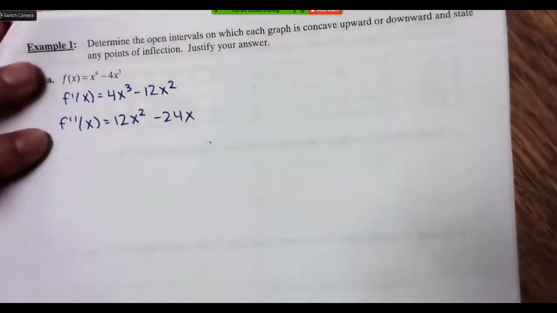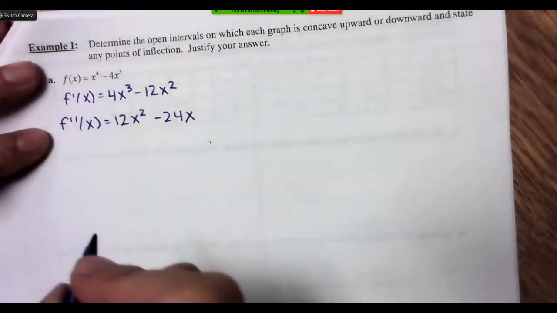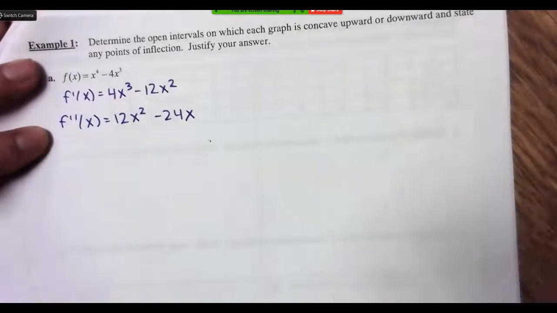So we have 12x squared minus 24x. For concavity and POIs, I only care about that second derivative and its zeros. So that gives 12x times x minus 2, which gives me x equals 0 and x equals 2.